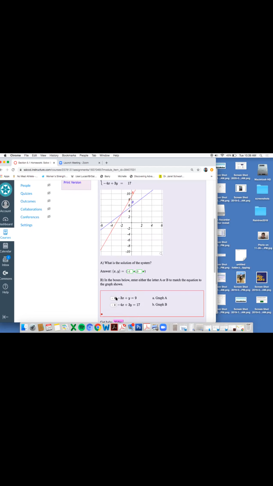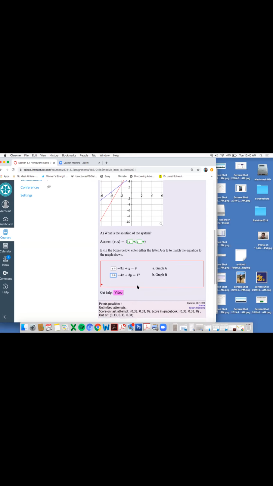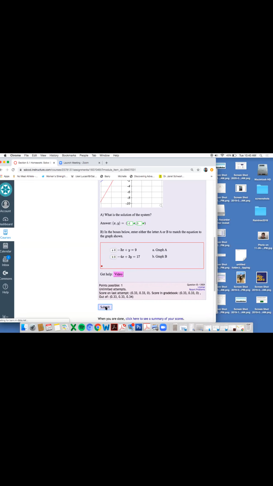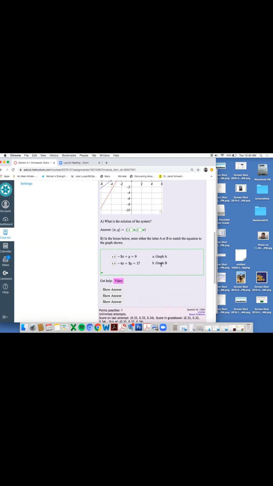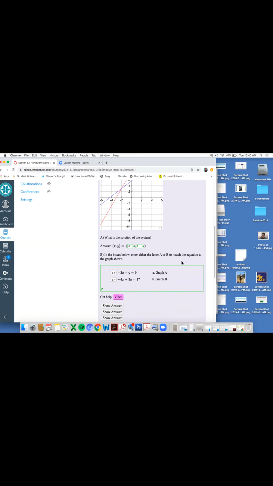So this is going to be graph A. And the second equation, if I set X equal to 0, I'm going to get 3Y = 17. If I divide by 3, Y = 17 over 3, which is like 5 point something. So that seems to correspond to equation B. I'm sort of just guesstimating by trying to figure out what the y-intercepts are. Okay, so there you go. That says it's correct. It's green.